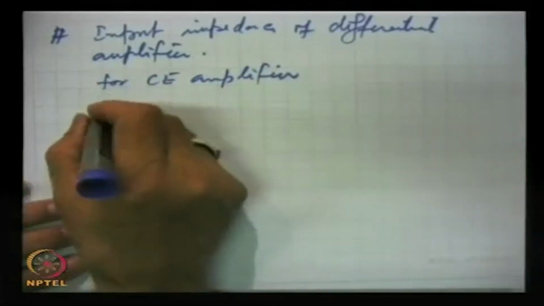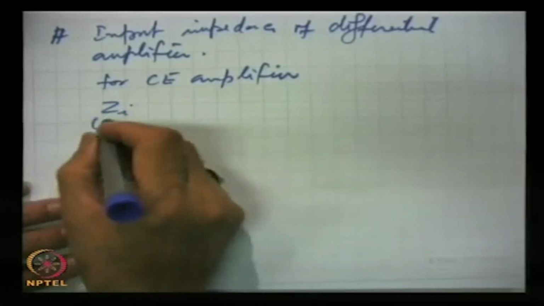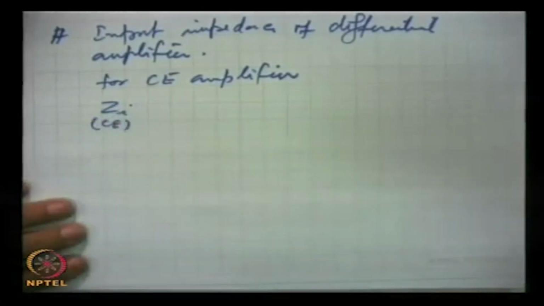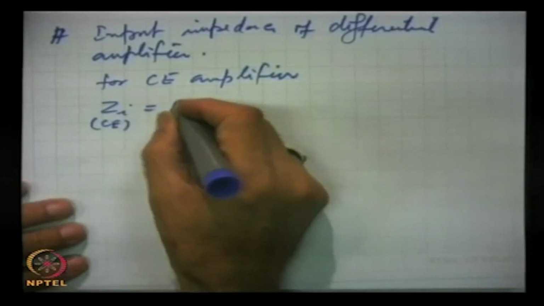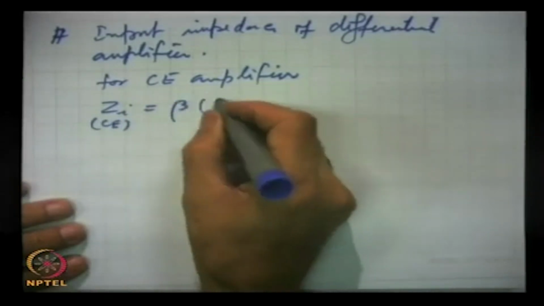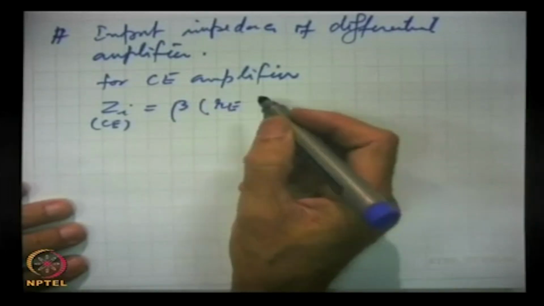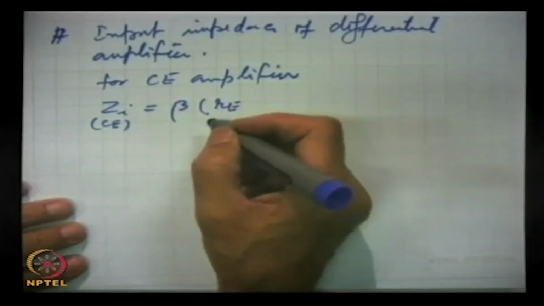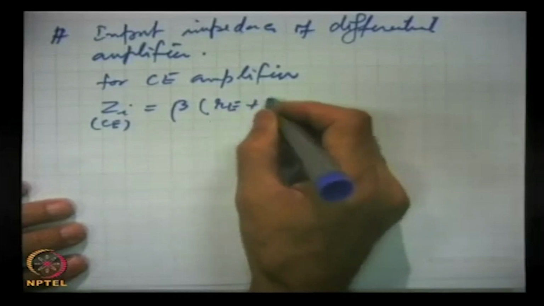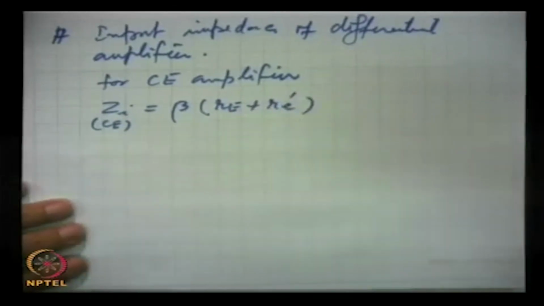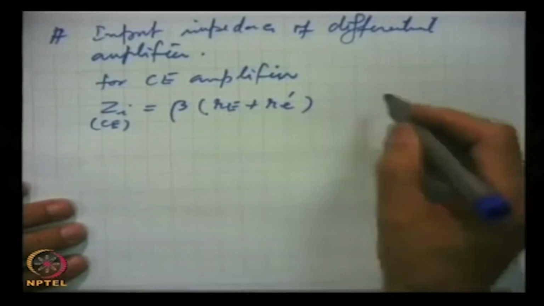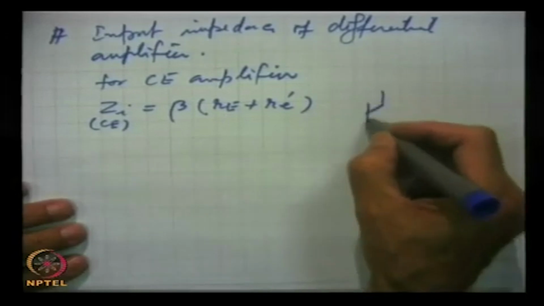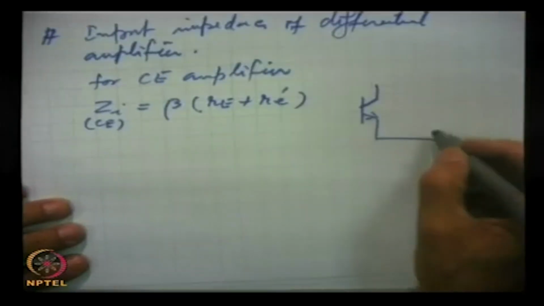For the CE amplifier, from the small signal analysis of bipolar transistors, we have said that the input impedance is beta, the current gain, into RE, the effective resistance as seen by the emitter, plus RE prime, and this RE is also RE prime, as I take this figure again here.